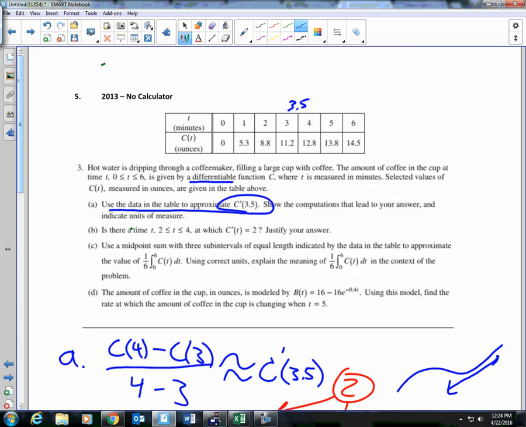Can you tell me how I make my first subinterval? I go from 0 to 2. Second subinterval, 2 to 4. Good. So where will I be evaluating the midpoints? 1, 3, and 5.